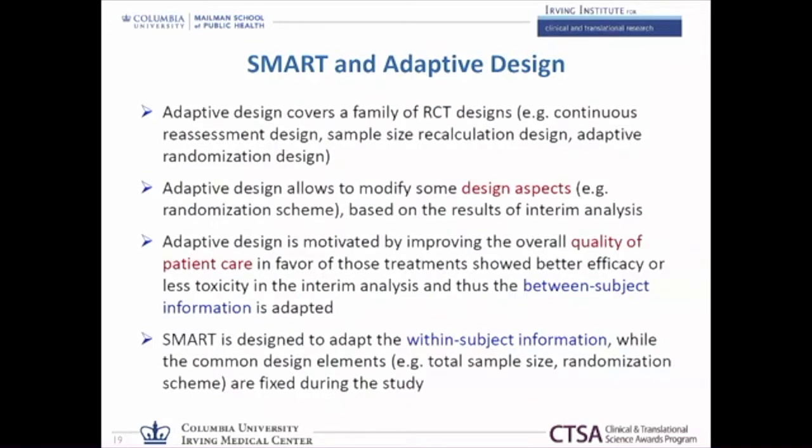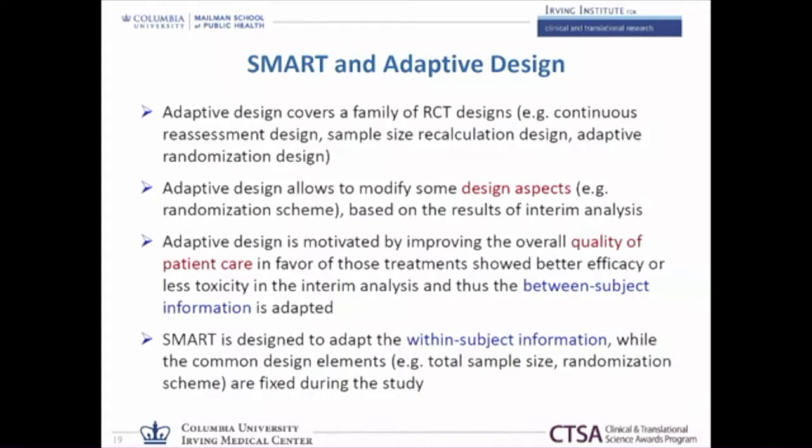Another term that sometimes gets confused with SMART is adaptive design. In fact, adaptive design is an umbrella term that covers a family of randomized clinical trials. The members in this family include continual reassessment design, sample size recalculation design, and adaptive randomization design.